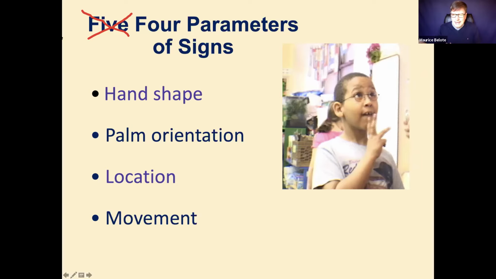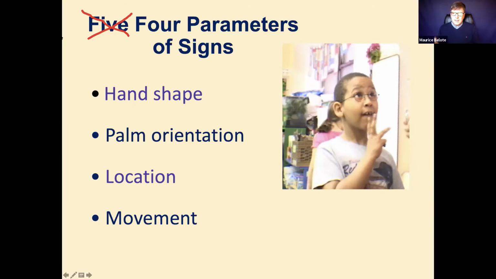We're leaving that out today because we're not talking specifically about American Sign Language or ASL, and many people who are deafblind don't have the vision to access facial features.